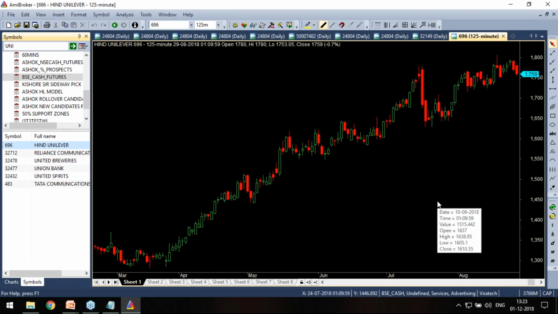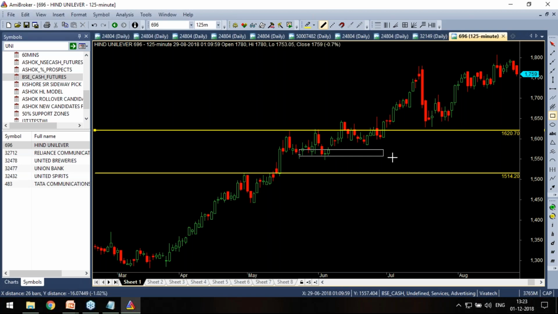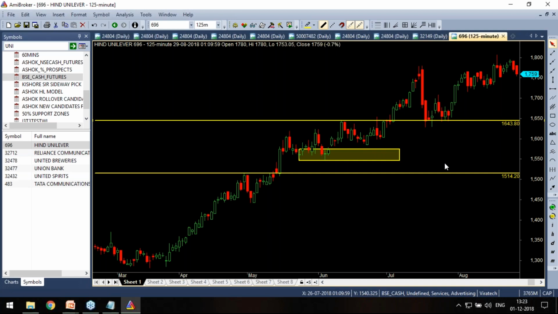It would have made a series of highs: a high formed, high broken, formed a high here. The next high was formed, price came back, formed a base. This is the base, and this is where it broke. But it didn't come to that level. Price is here.